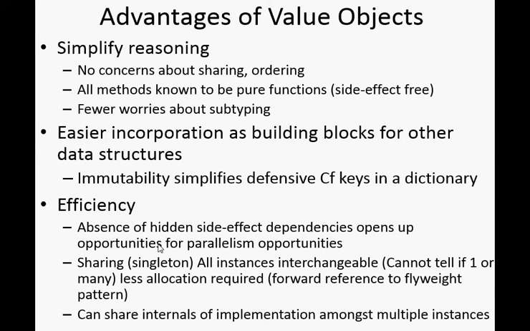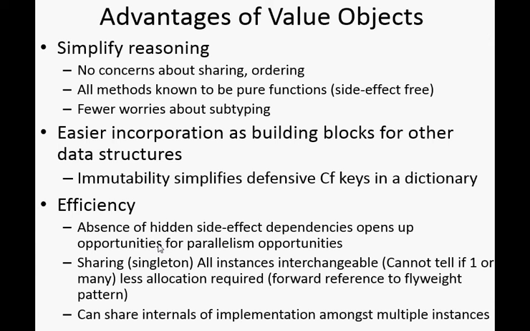They may manipulate caches inside or do other things internally for bookkeeping, but it doesn't change the behavior of the object. So we could call one of these methods many times and not expect any changes. We don't have to worry about calling one thing before another or vice versa. And for creating a subtype of this, there are fewer worries to deal with.